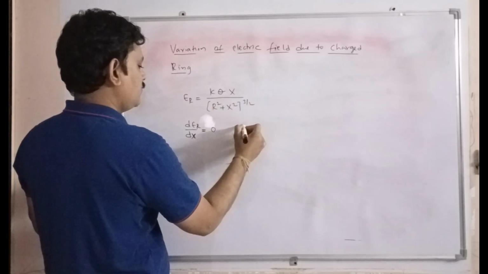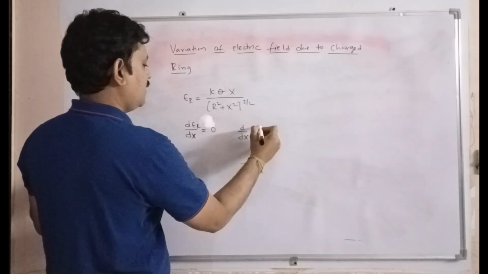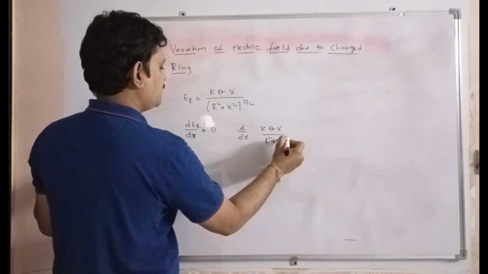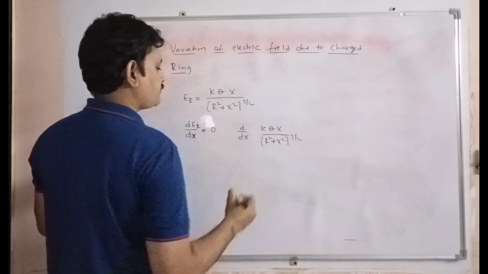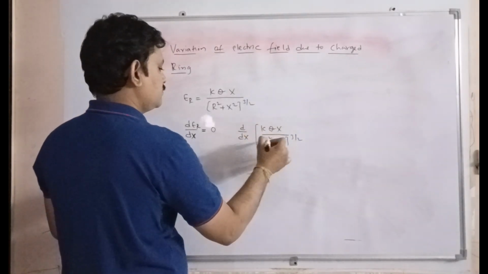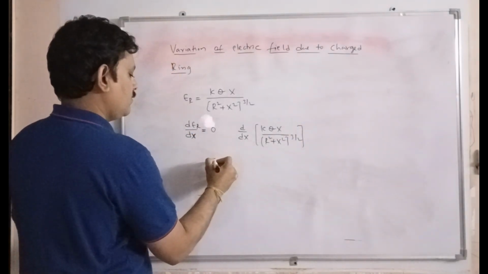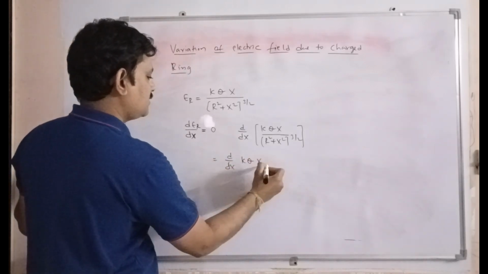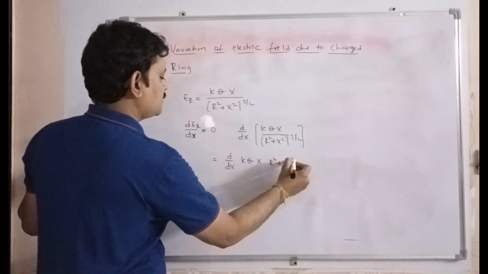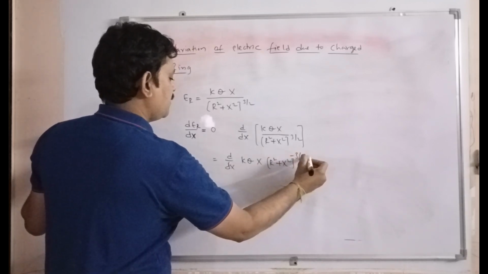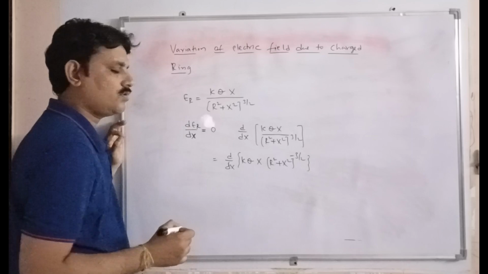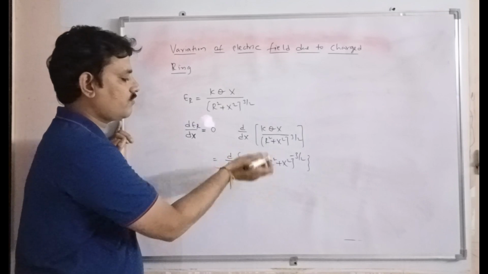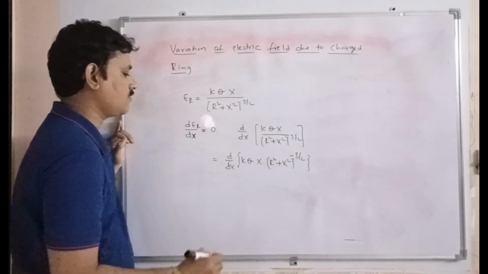So d by dx of E is nothing but kqx by r square plus x square whole power 3 by 2, that is equal to d by dx of kq into x into r square plus x square whole power minus 3 by 2. If you take the denominator to the numerator, its power will be minus 3 by 2.